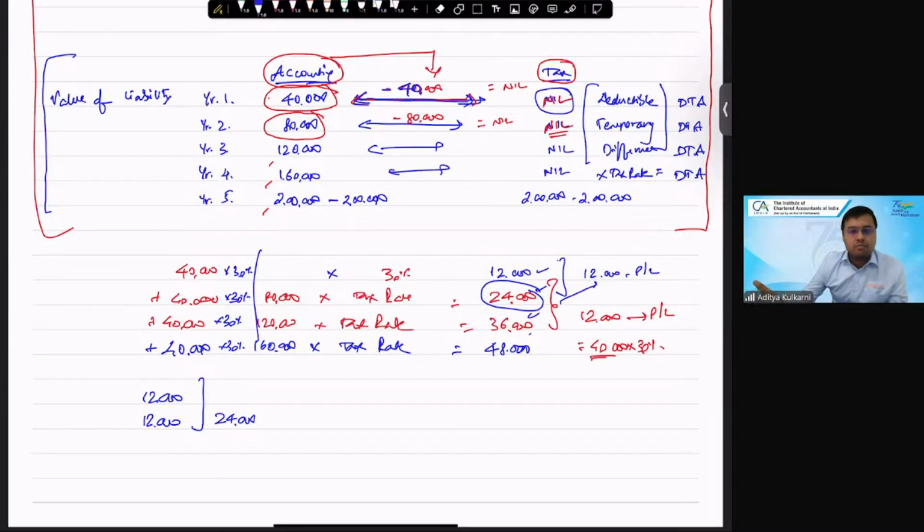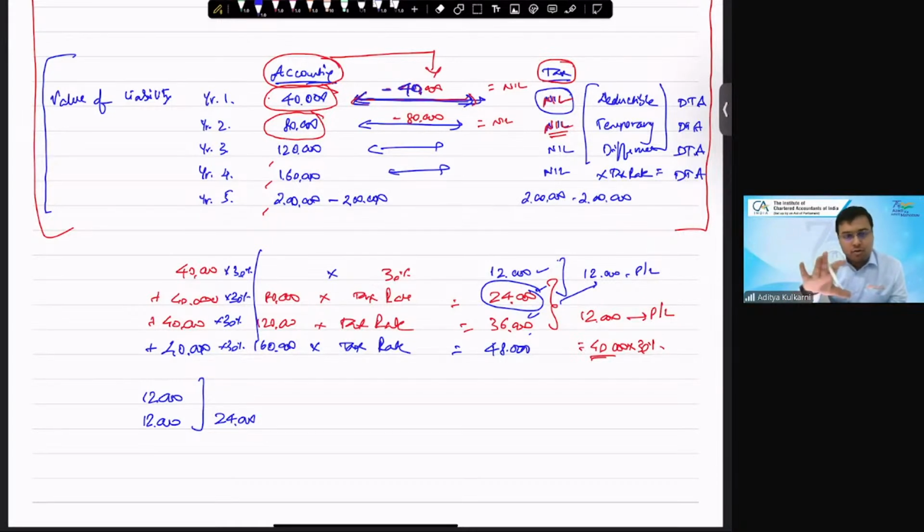But sir, what is the modified approach? Modified approach means for certain items you follow the P&L method, for certain items you follow the balance sheet, both in the same financial statements, like a hybrid approach. Hybrid or combo of P&L and balance sheet approach.